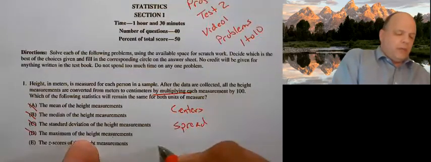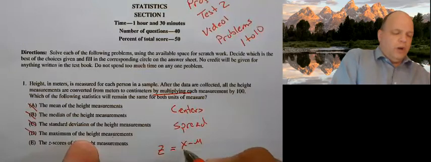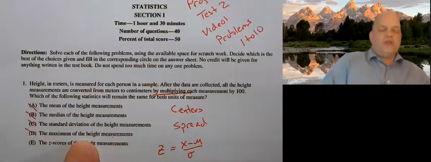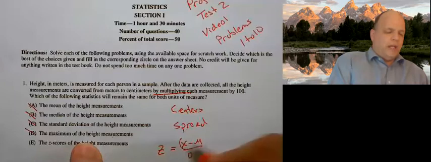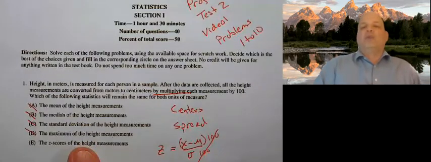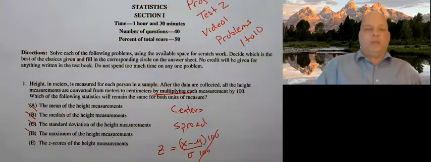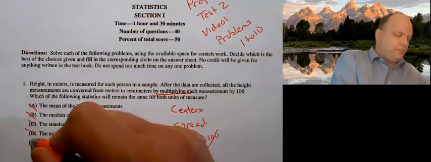Because remember, z equals x minus mu over sigma. Essentially, we are multiplying the numerator by 100, and we're multiplying the denominator by 100. So they cancel out. As a result, the z-score remains constant, even though we're multiplying by a constant multiplier.